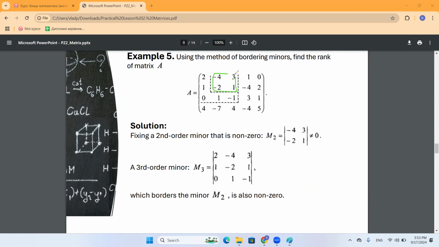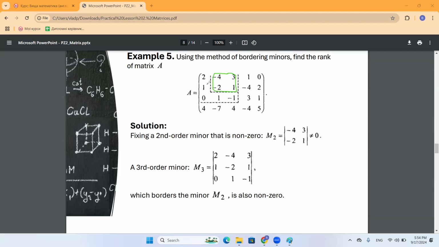Firstly we take this minor. It's not 0, and then we expand it in this way, on the right side. Either left or right side, any side you want. If this minor equals 0, it means that the rank of the matrix is 2, so you won't go further. But if it doesn't equal 0, you continue the algorithm.